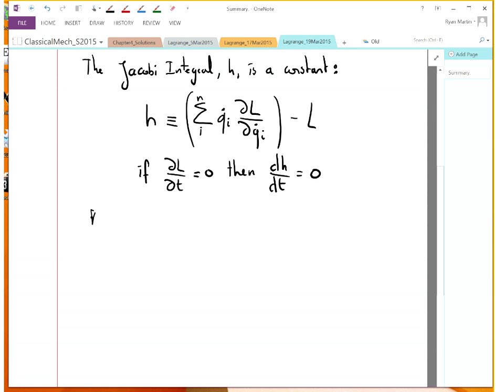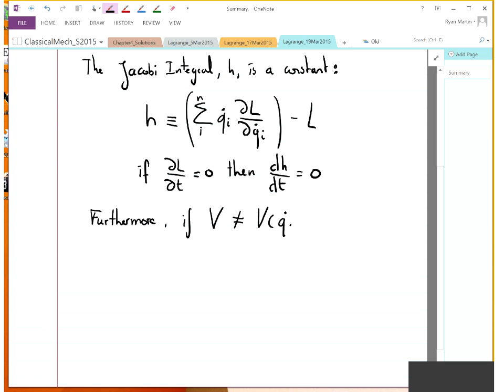So furthermore, if the potential energy that goes into the Lagrangian is not a function of the velocities, so what I mean is the potential energy is a function only of the coordinates, not their time derivatives.